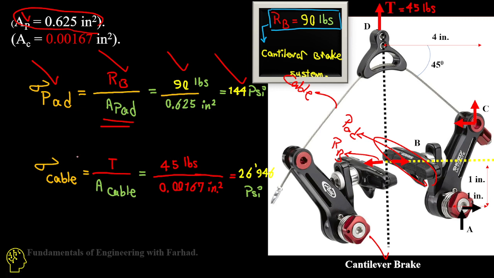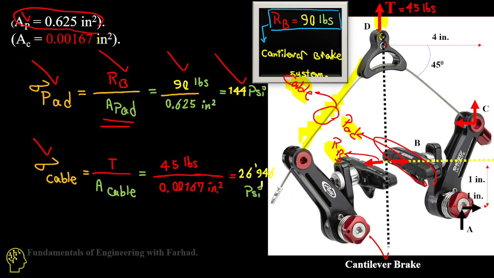For the stress in the cable, the tensile force, which is the same force applied here, is divided by the area of the cable, which is this number: 45 over 0.00167.